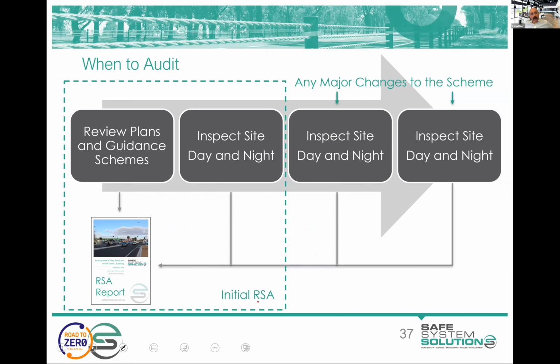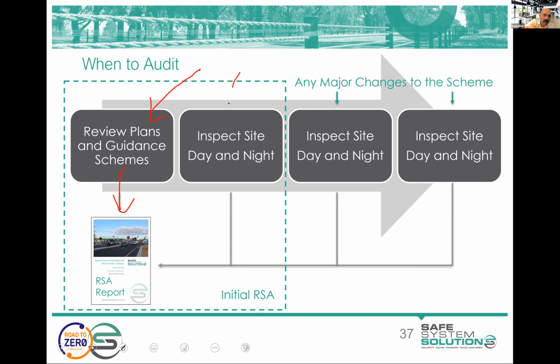This diagram is sort of where I see it. If you're going to do a road safety audit in your major construction site, you would review the plans, the traffic guidance schemes, how it's all going to work, and a report would be produced at that stage. There would be alterations to the plan and the like.